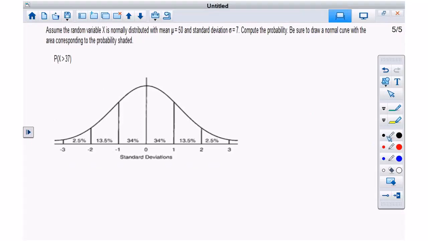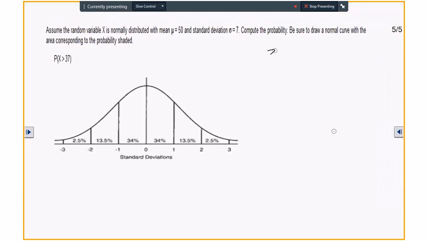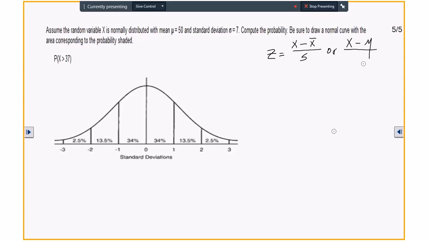Now, you're also going to have to remember your z-score formulas. Z is equal to x minus x bar over standard deviation, or x minus mu over standard deviation. Same thing.